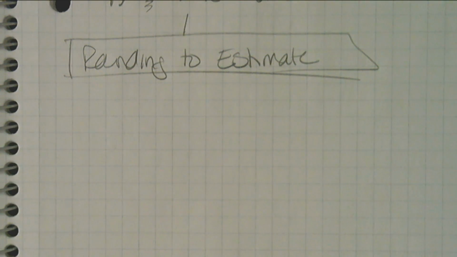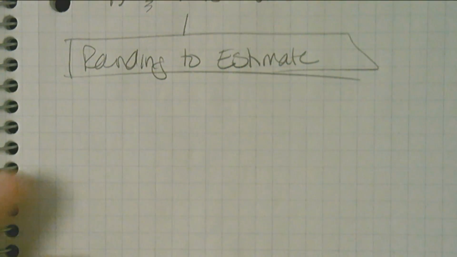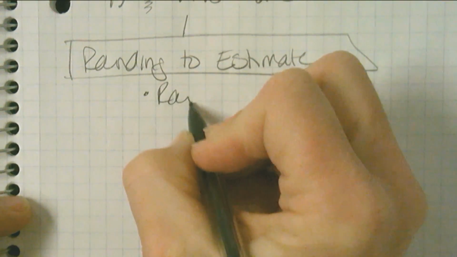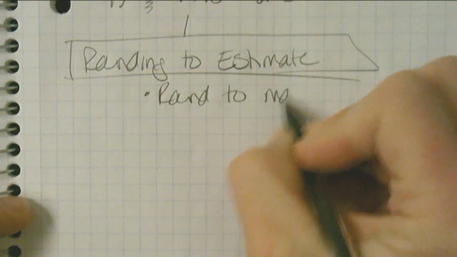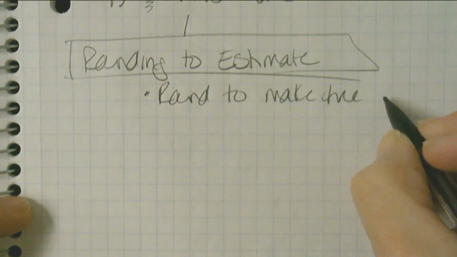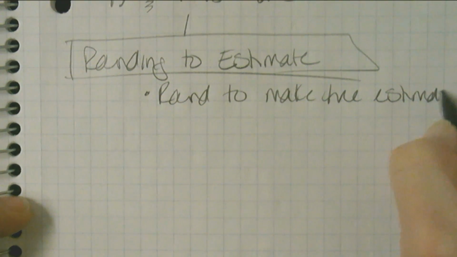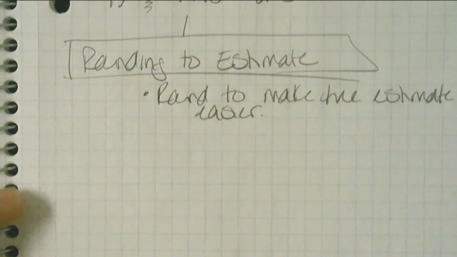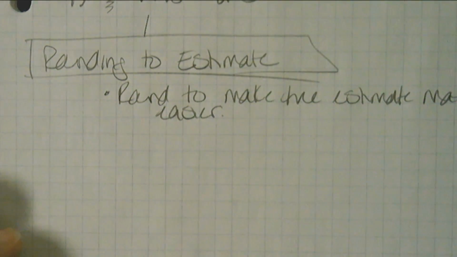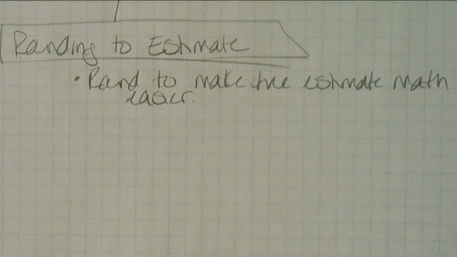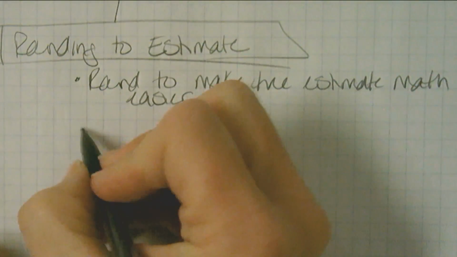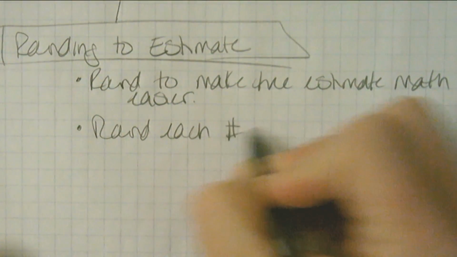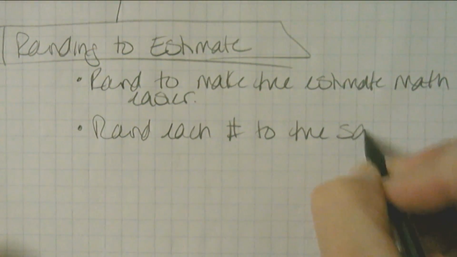All right. So when we're rounding, what we're doing is, first of all, we round to make the estimate math easier. That's the first thing. We want to try and do some mental math if we can. And we round each number to the same place value.